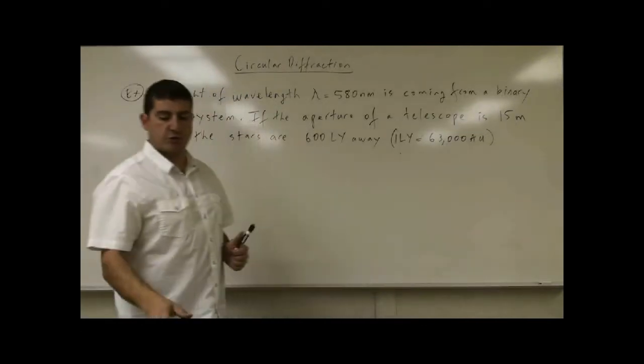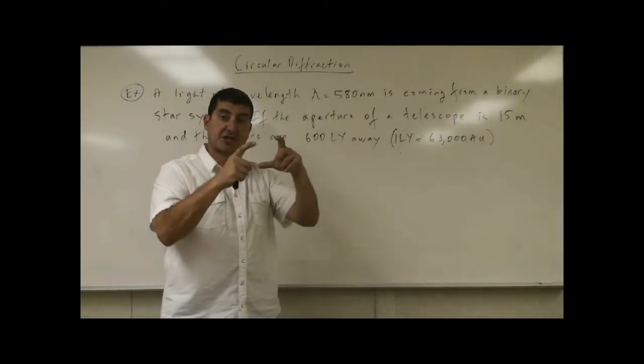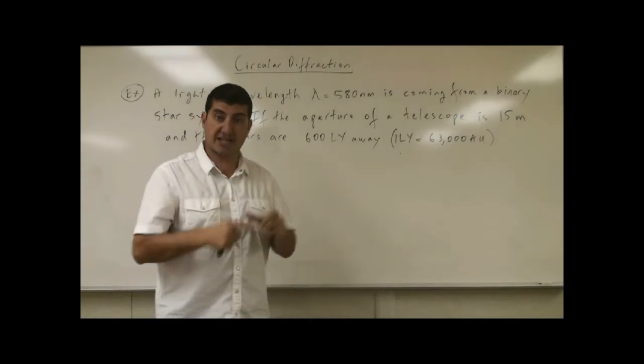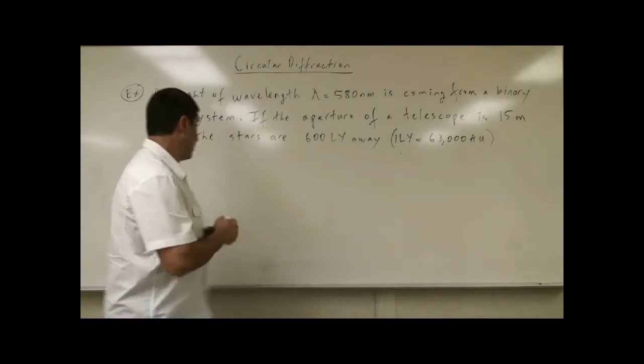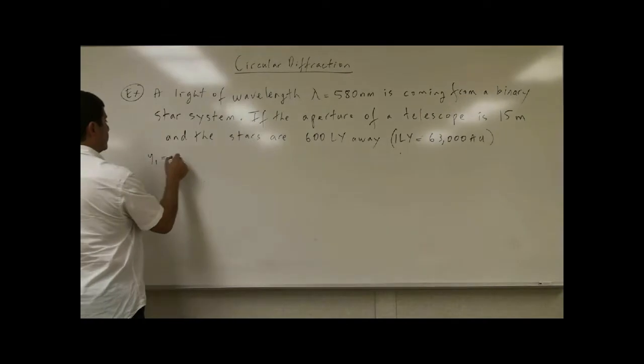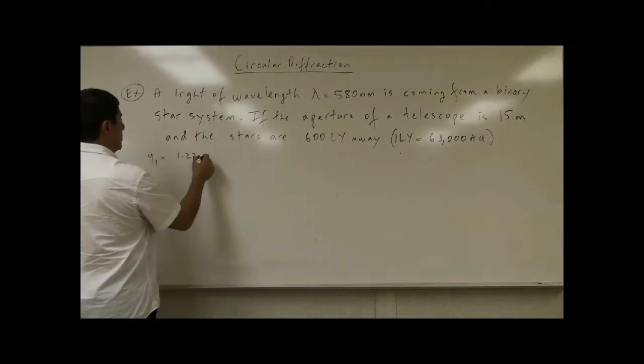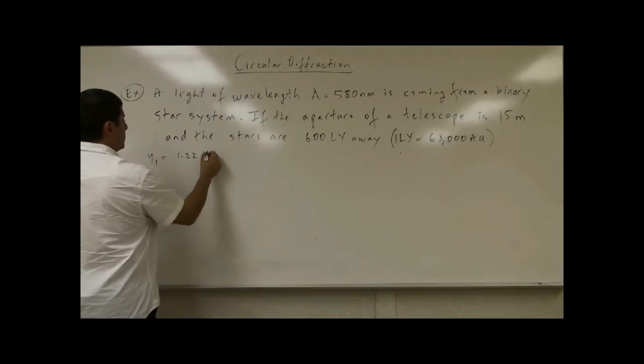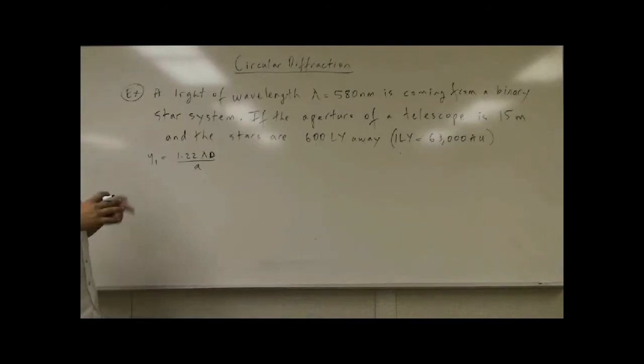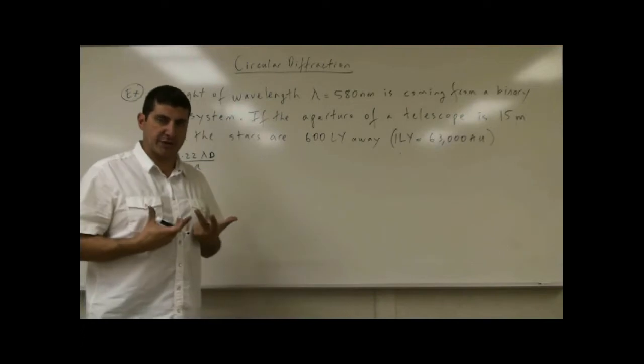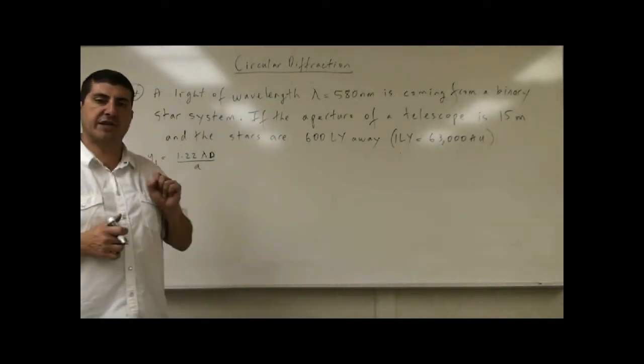From the previous video, we saw that the distance of the first central maximum circle, y1, was equal to 1.22 lambda d over A, right? So we're going to use that same concept here, and we're extending it a bit further.